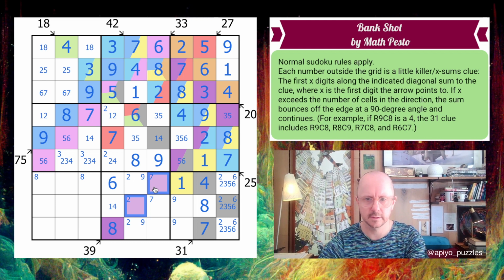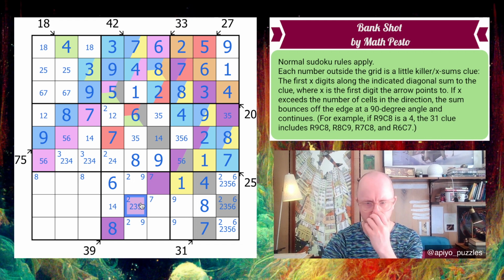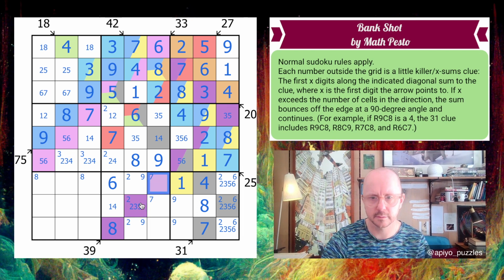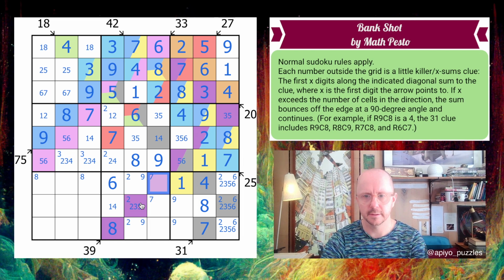Actually, what I think maybe I need to know what these can be. 1, 2, 3, 4, 5, 6, 7, 8, and 9's impossible. So this one here, 1, 2, 3, 4, 5, 6, 7, 8, and 9's impossible.